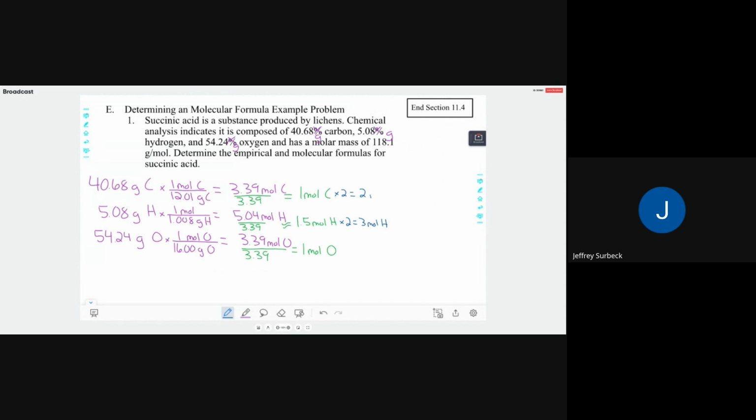So we would have to multiply by 2. That gives us 2 moles of our carbon. And then that gives us 2 moles of our O. Now at this point in time, and I'm going to write this below, right now our empirical formula can be found.